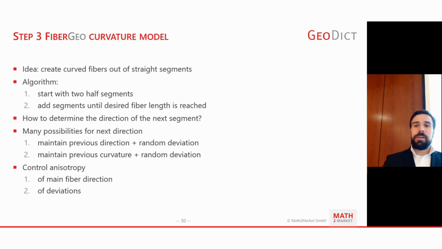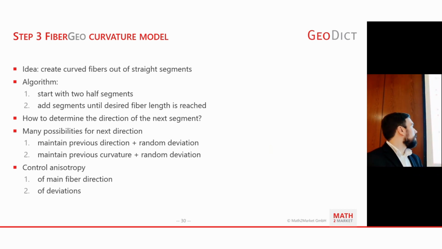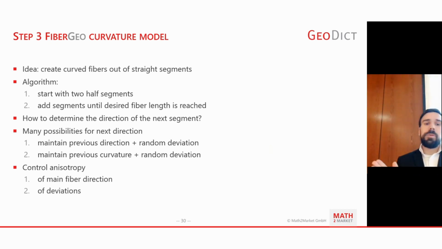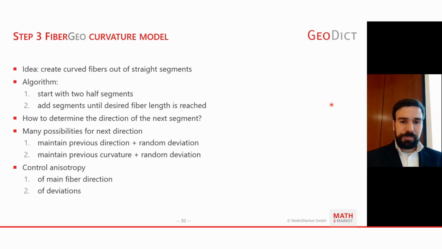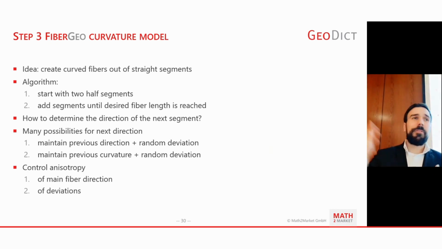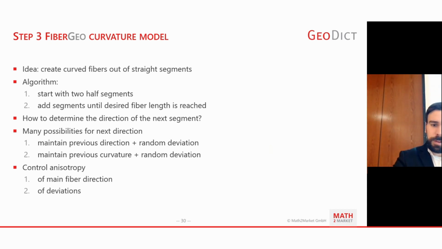So for example, we can maintain the previous direction. We can be pulled towards a global orientation. We can say, okay, we want to maintain the curvature, stuff like this. And all of this, of course, also depending on the direction, so anisotropic properties.